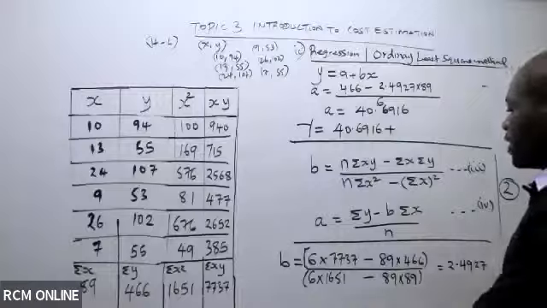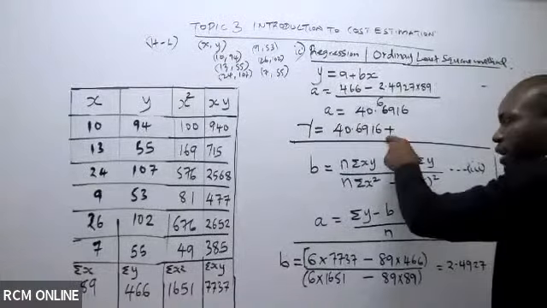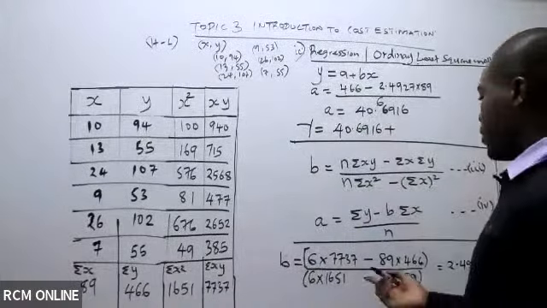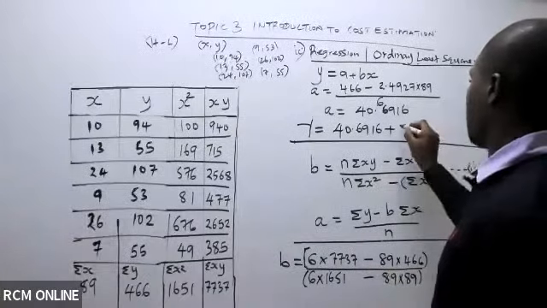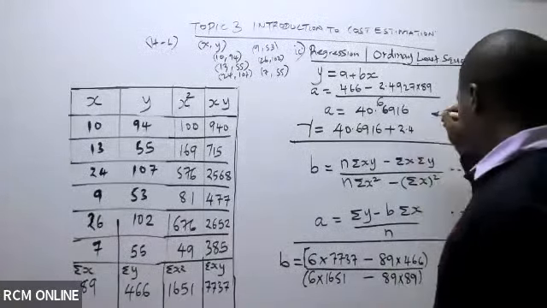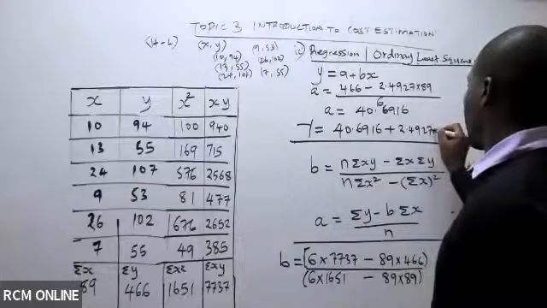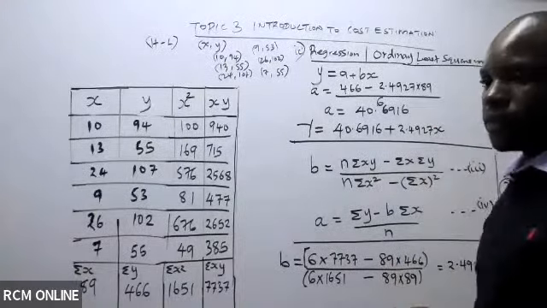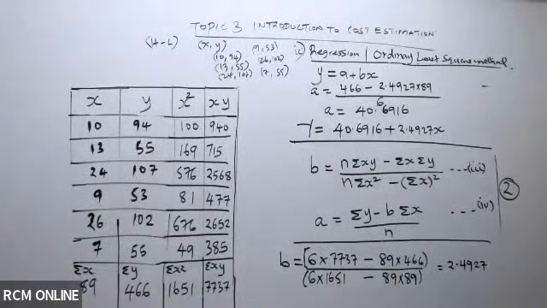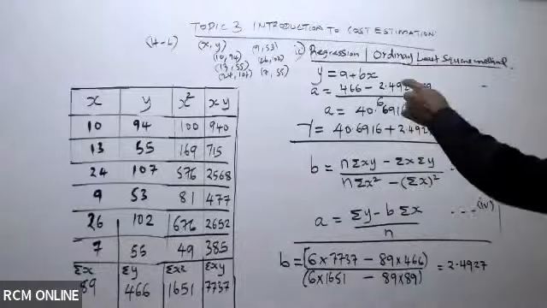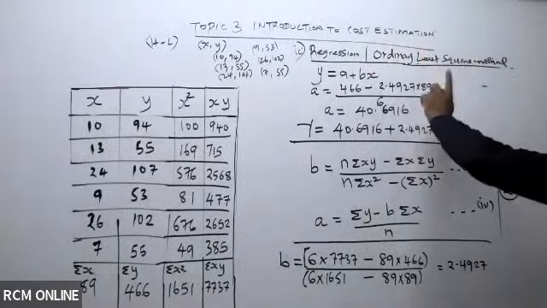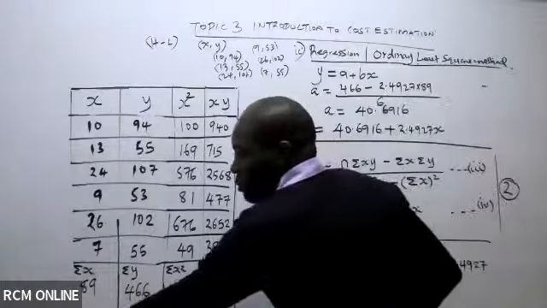Of course, what if the value of B was negative? We put minus BX. But because the value of B is positive, it is plus 2.4927x. That is our cost function using which method? Regression, or the ordinary least square method.